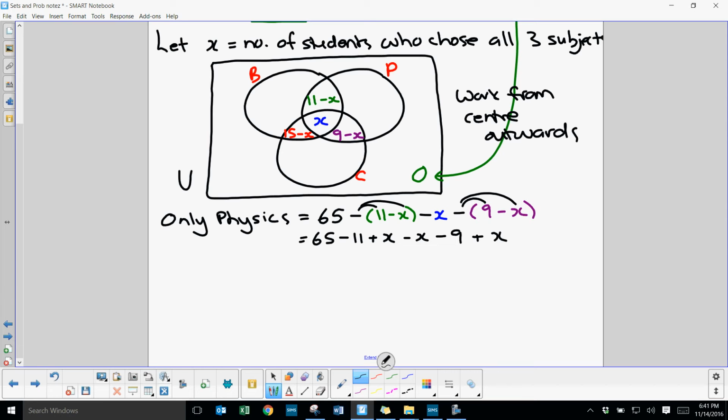And then when you work out what this is, 65 minus 11 minus 9, it's like saying 65 minus 20 really, isn't it? So that becomes 45, and then plus x minus x cancels out, so you've just got plus x at the end here. So 45 plus x is what goes right here. 45 plus x.